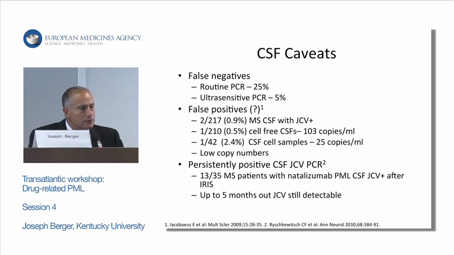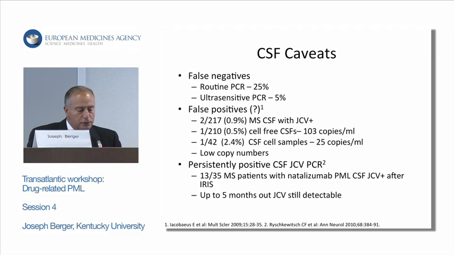The other thing that I want to bring to your attention is what I found to be a fascinating paper by a group of Swedish investigators working in collaboration with Dr. Major's laboratory. And what they found was that a small number of individuals that had multiple sclerosis with no evidence of PML whatsoever had JC virus in their spinal fluid when you looked with an ultrasensitive technique.